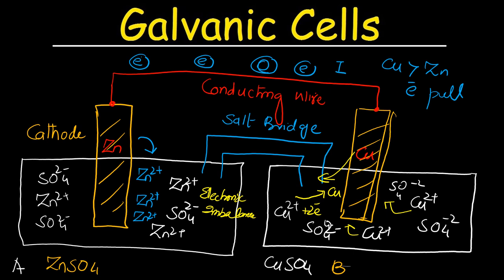So there will be a charge imbalance on the copper sulfate side of the solution. Due to this, an imbalance of the electric charges in the galvanic cell is created, and this will destroy the efficiency of the galvanic cell.